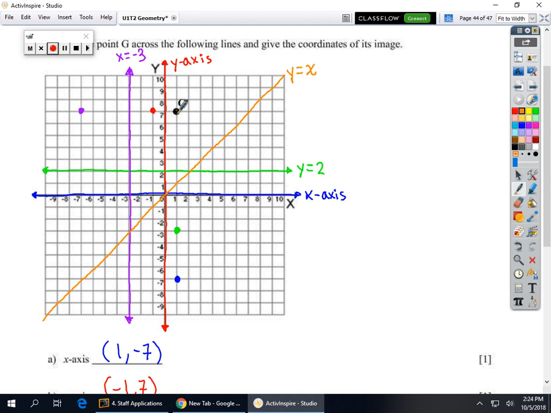How far away is G diagonally from this line? Well, it is 1 diagonal away, 2 diagonals, 3 diagonals. So you can see it's 3 diagonals away in that direction. So in this direction, it must be 1, 2, 3 as well. See? This distance here is 3.